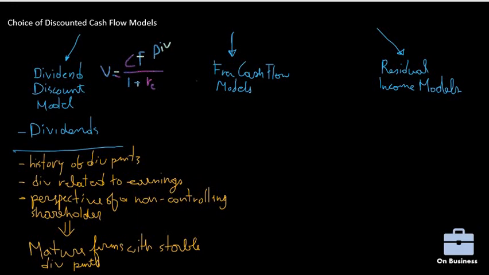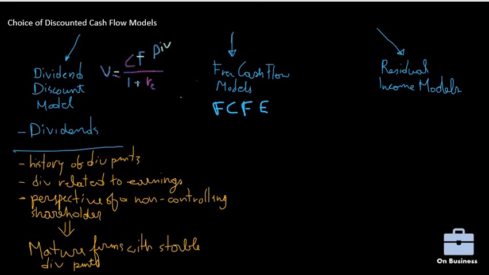Maybe Apple could pay more than what it's actually paying, but I cannot influence its decision to pay this much or that much, and therefore I'm a non-controlling shareholder. So if I want to value the share I have, I'm going to use this model. And this works for mature firms with stable dividend payments.